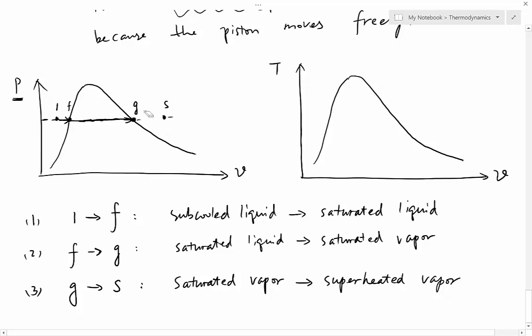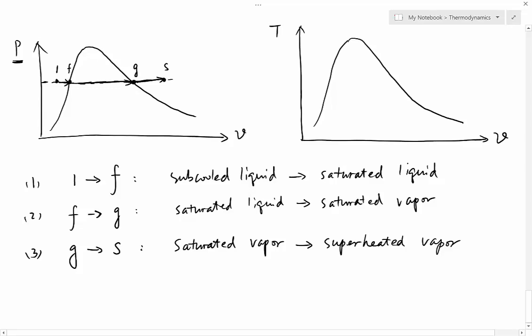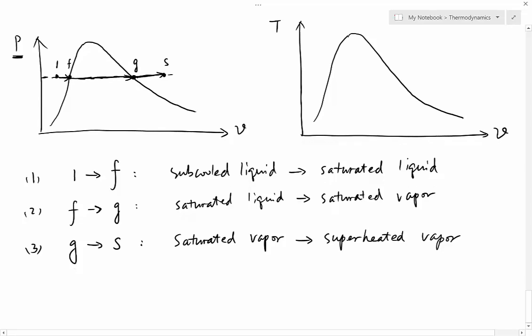Okay, G to S. Remember, 1 to S here must be a horizontal line. Why?